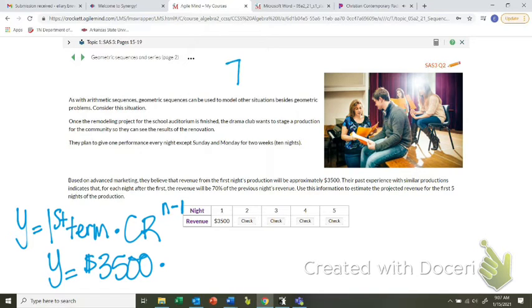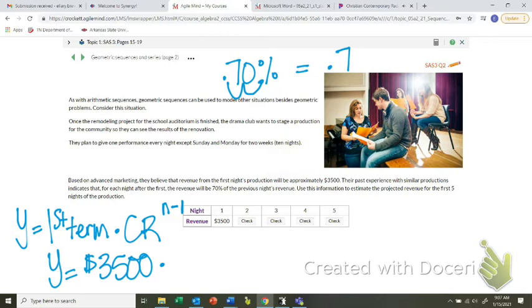All right, so we've got 70%. How do I change percent to a decimal? Move the decimal, I move it 2 places to the left. So 70% is the same thing as 0.7. Good.